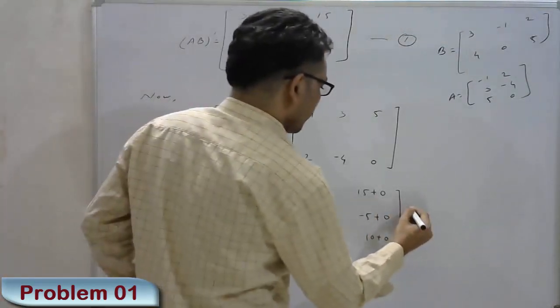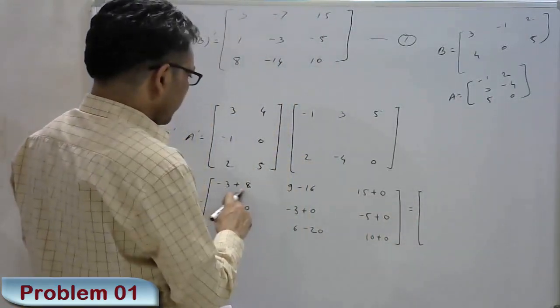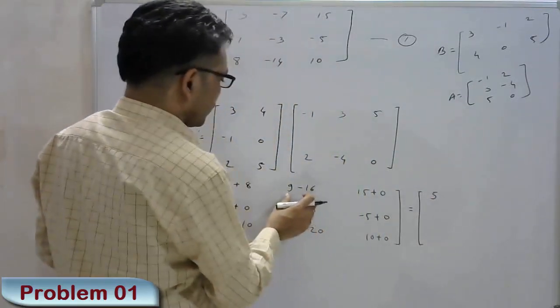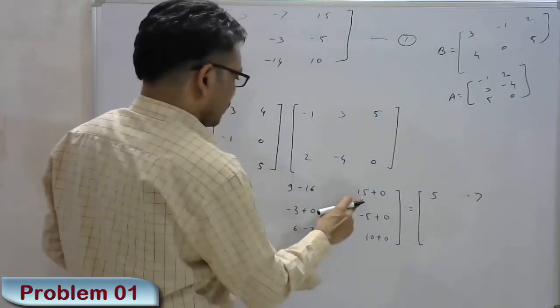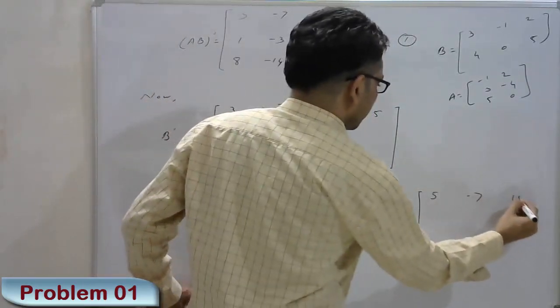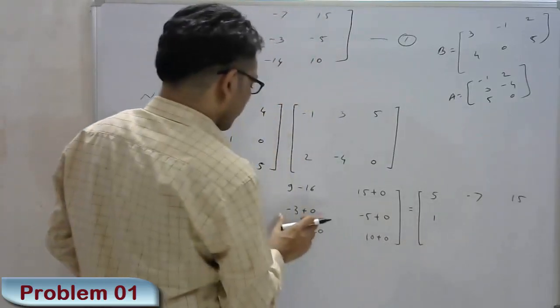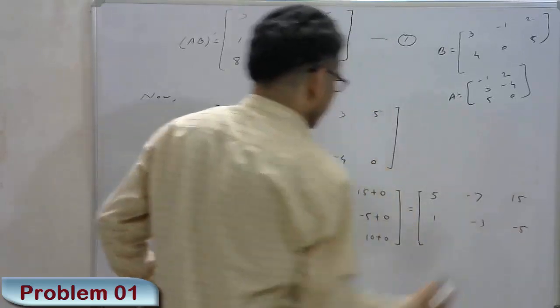Then this one is equal to 8 minus 3, which is 5. 9 minus 16 is minus 7. Then 15. 1 plus 0 is 1. Minus 3 plus 0 is minus 3. Then minus 5.